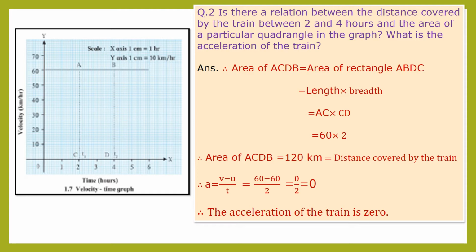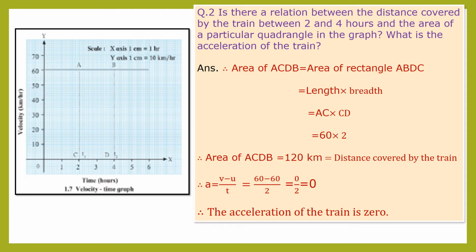Therefore the area of ACDB is equal to 120 kilometer. Or we can say, children, that this is the distance covered by the train. So this area of ACDB or area of ABDC is nothing but the distance covered by the train between 2 and 4 hours.